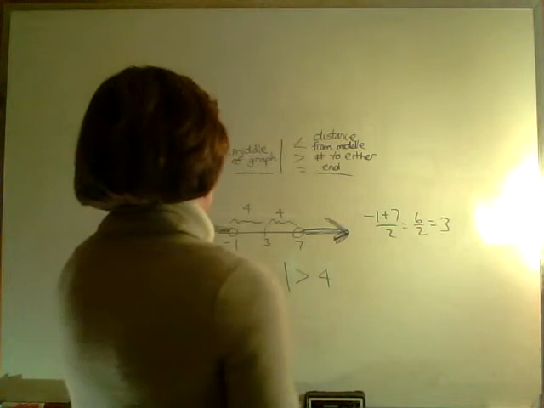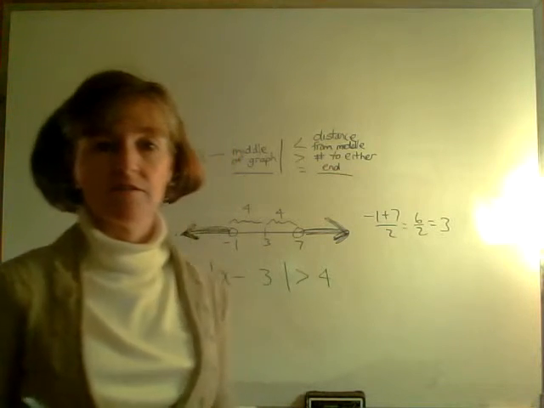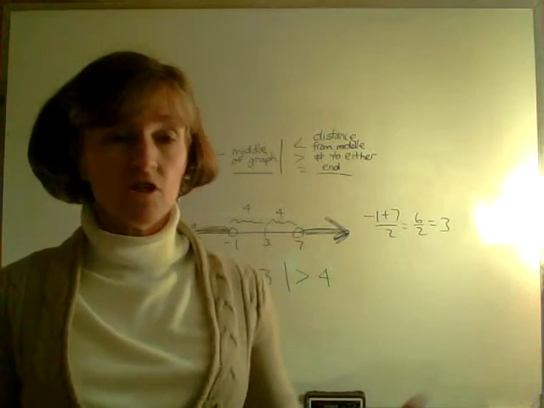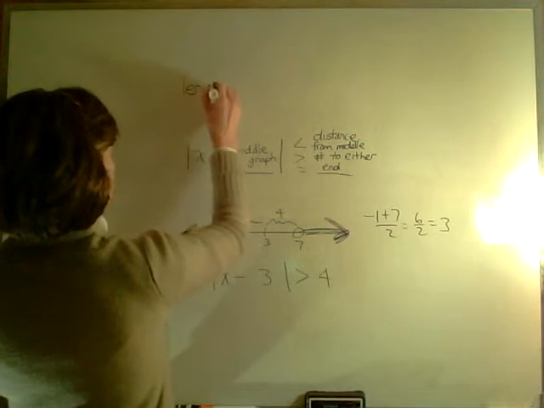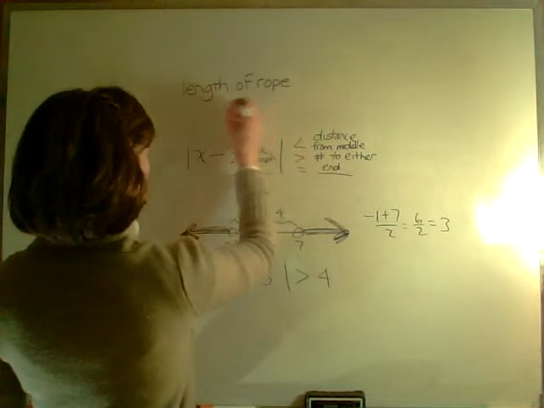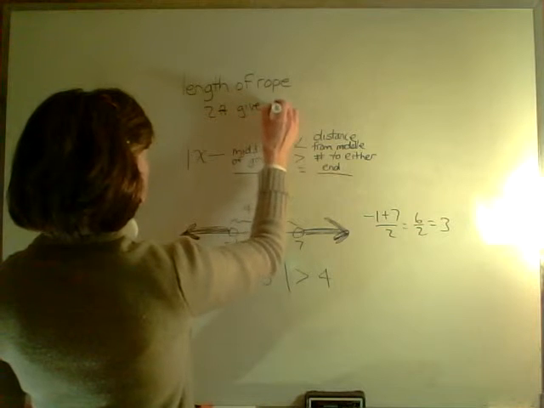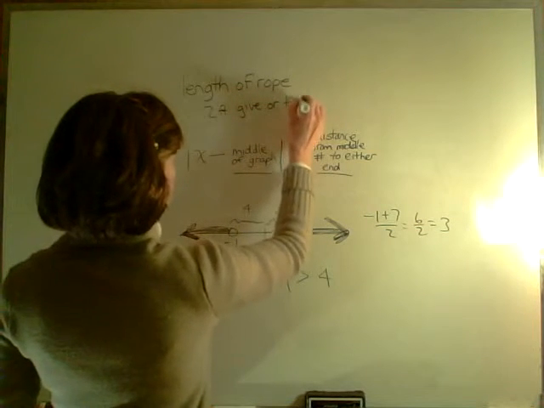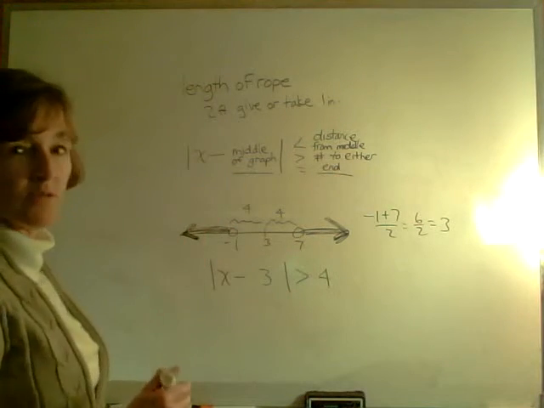So you would see this in a situation where you had, say, the length of something. The length of a piece of rope has to be 2 feet, give or take an inch. How would we write that as an absolute value?